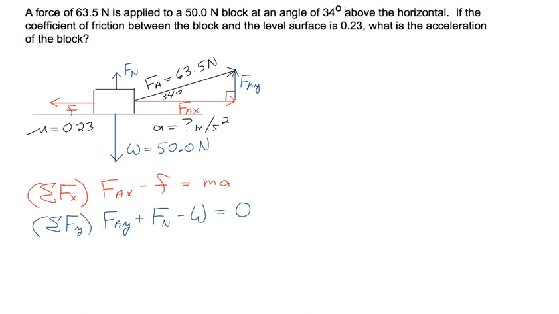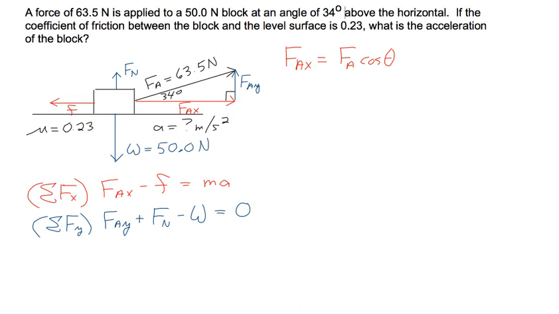And we know the hypotenuse. We're looking for the adjacent. What trig function involves the adjacent and the hypotenuse? Cosine. So solving for FAX, it's going to equal FA, the hypotenuse, times the cosine of the angle. We're just going to take the hypotenuse and multiply it by the cosine of the angle.